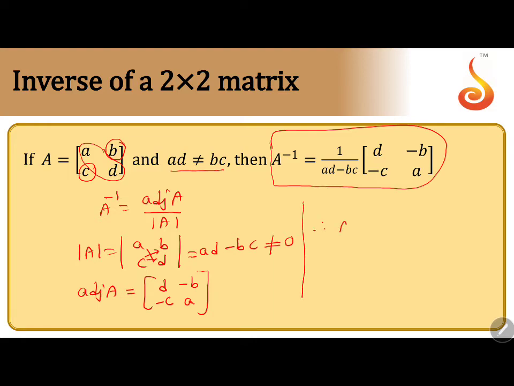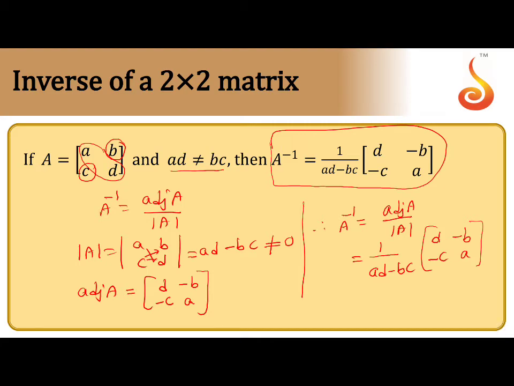Therefore, finally, A inverse is equal to adjoint A by det A formula. Since det A is in the denominator, I am writing it out separately: 1 by ad minus bc into the adjoint matrix [d -b; -c a]. So this is a way of finding the inverse of a 2 by 2 matrix.